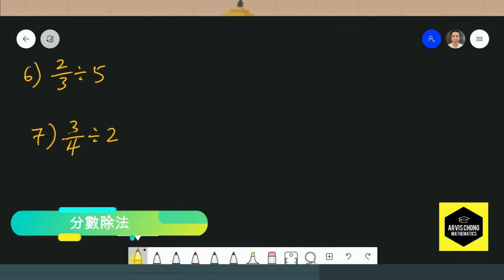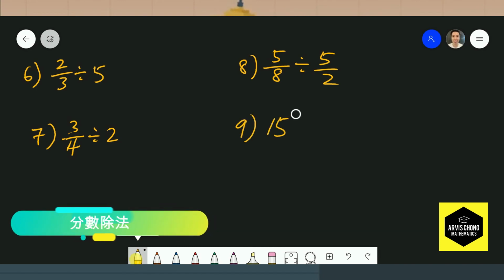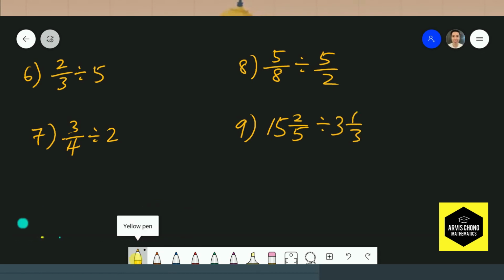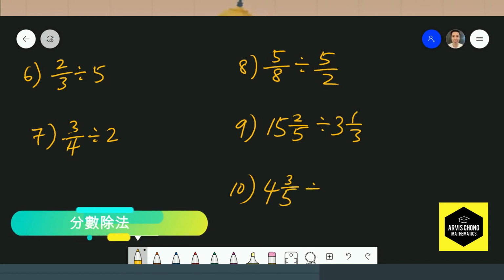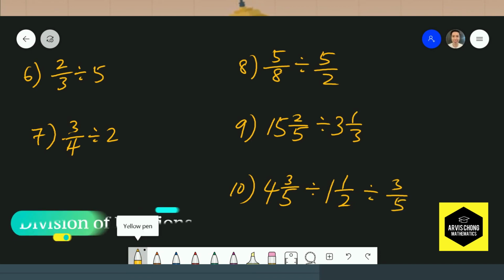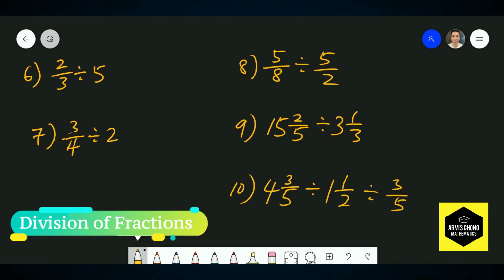And then 5 over 8 divided by 5 over 2. Number 9 will be 15 2 over 5 divided by 3 1 over 3. And the last question will be 4 3 over 5 divided by 1 1 over 2 divided by 3 over 5. Happy trying, and you all might post the answers in the comment space.